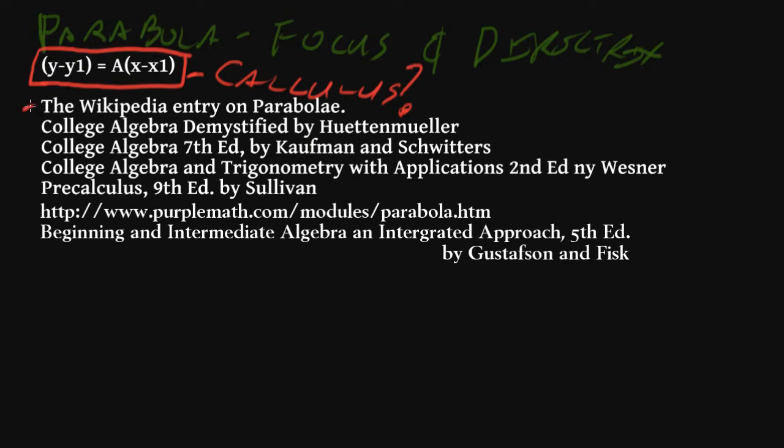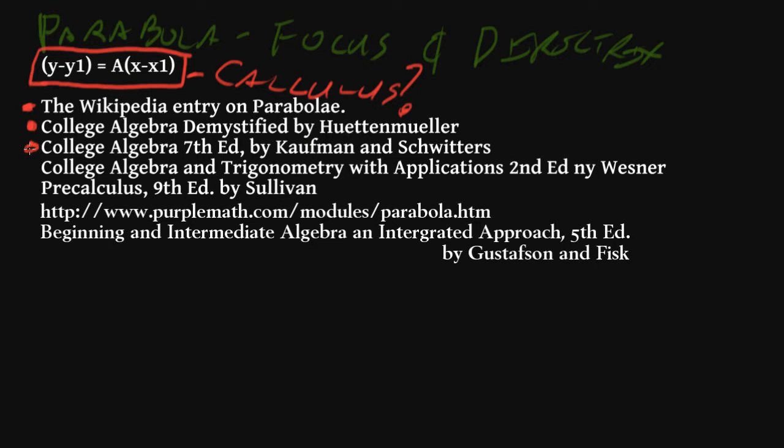In fact, if you go to the Wikipedia entry on Parabola, you're not going to see it. If you try a reference book, College Algebra Demystified by Gibilisco, I hope I haven't mangled that too bad, you're not going to see it.